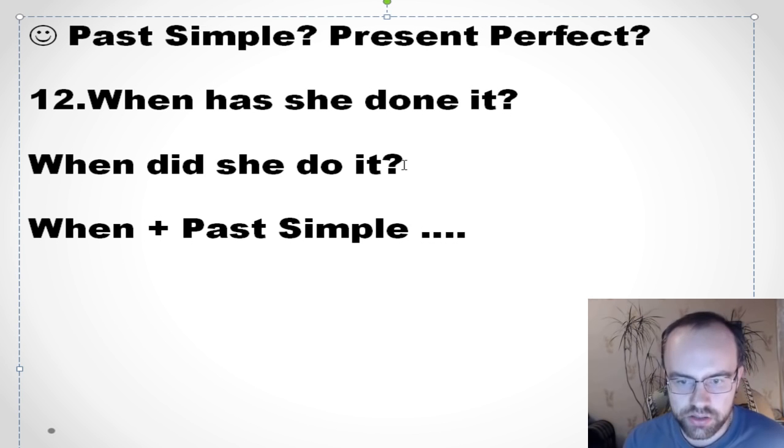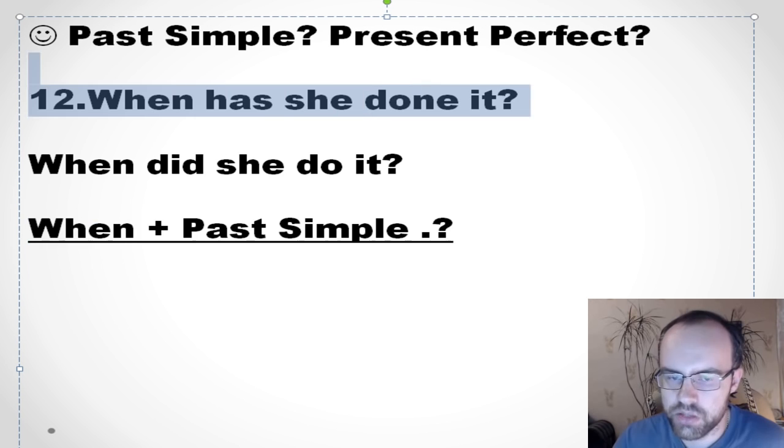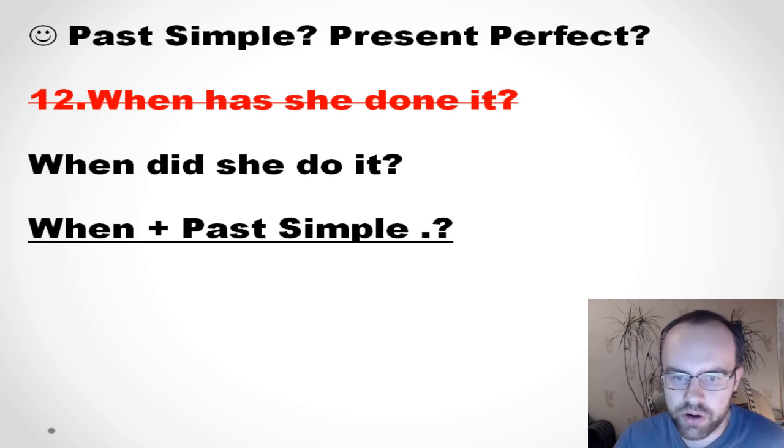You can't use present perfect with when. It's a rule. It's incorrect. It's a mistake. So when did she do it? Only this way.